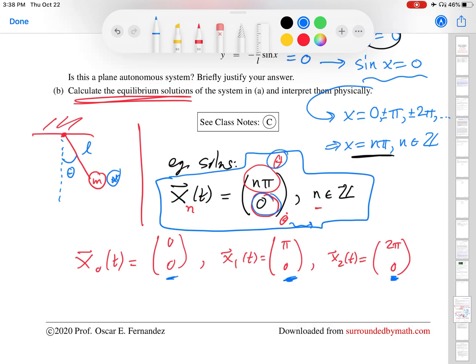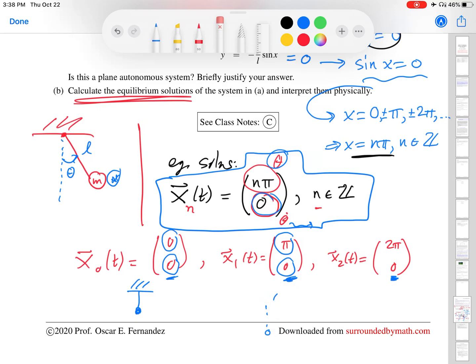So theta is the angle. It's the angle measured with respect to the vertical axis, and it's measured in a counterclockwise fashion as usual for angles. If I were to draw the picture corresponding to the pendulum not moving and an angle of 0 degrees, what does that picture look like? It looks like this. That's the pendulum. If I drew this picture, angle of pi and not moving, it would be like if I took this pendulum and swung it all the way up.